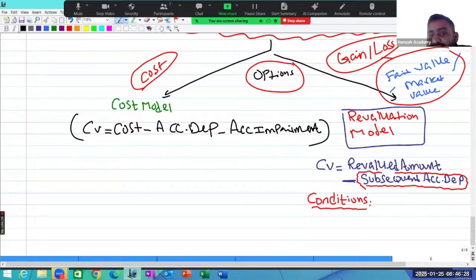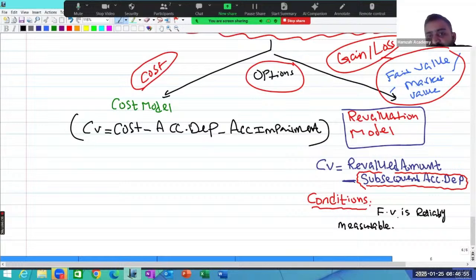Otherwise, the company is not allowed to use the revaluation model. The first condition: fair value is reliably measurable.